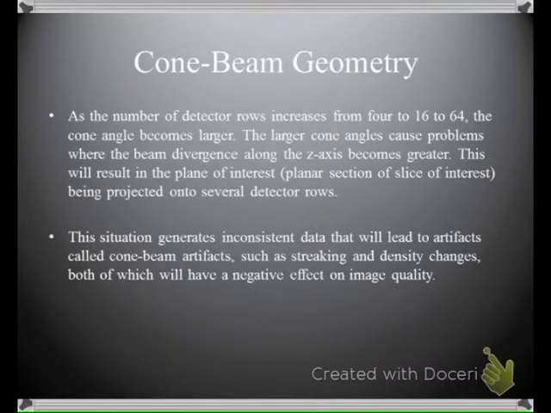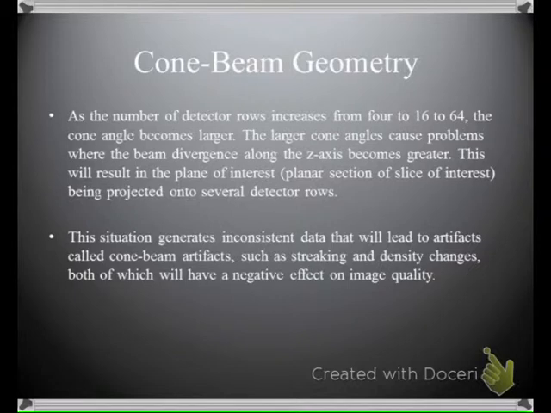So as the number of detector rows increases from 4 to 16 to even 64, the cone angle becomes very large. The larger cone angle causes problems where the beam divergence along the z-axis becomes greater. This will result in the plane of interest being projected onto several detector rows.